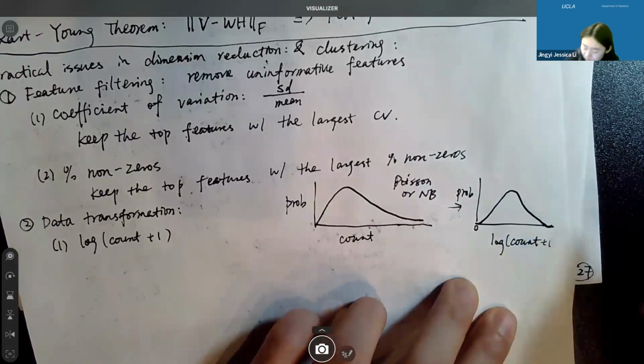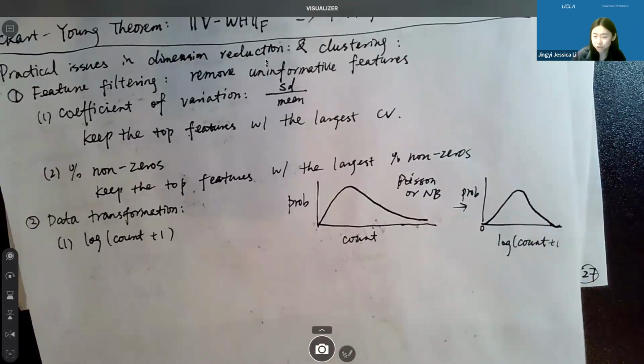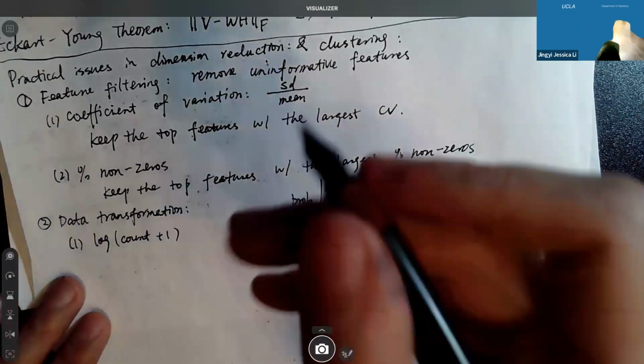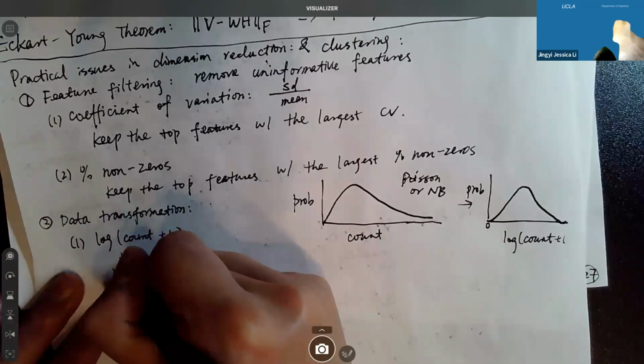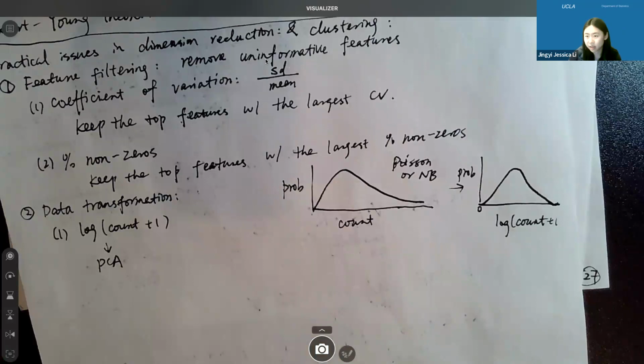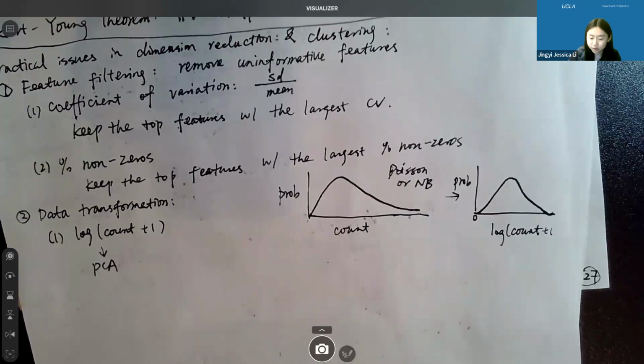So you may have something more like this, and this shape will make normal distribution-based methods more applicable. So that's why many people do this before they run PCA. And you will see that this is actually the recommended strategy in popular single-cell pipelines like Seurat or Scanpy. Okay, that's the first transformation.